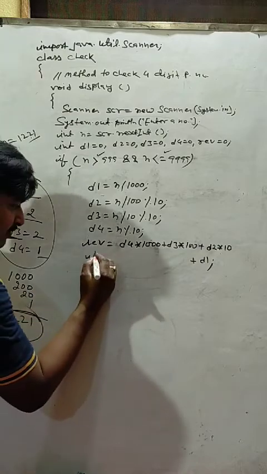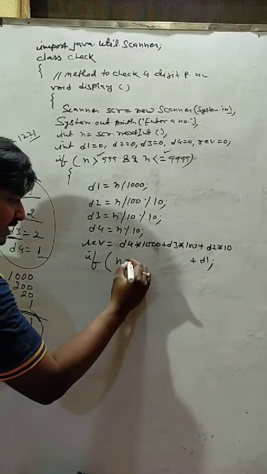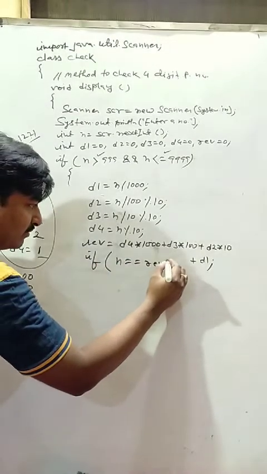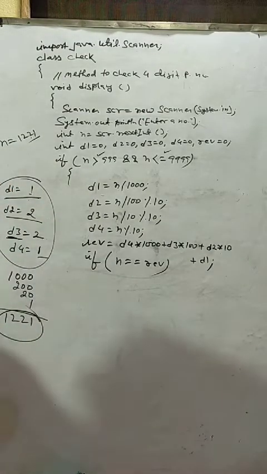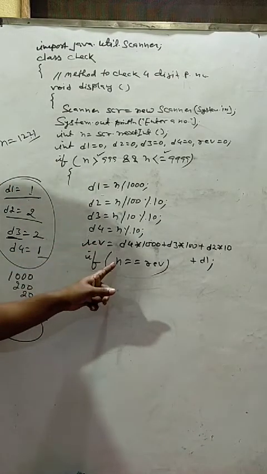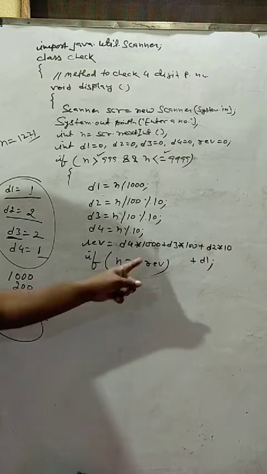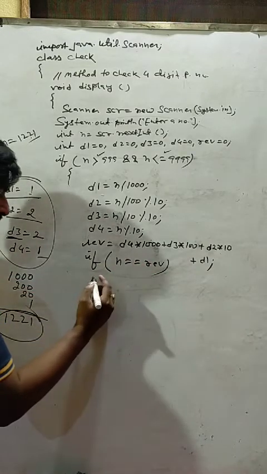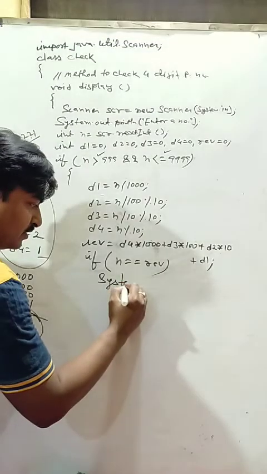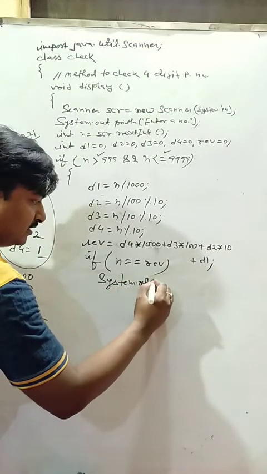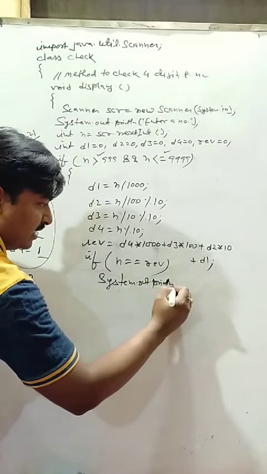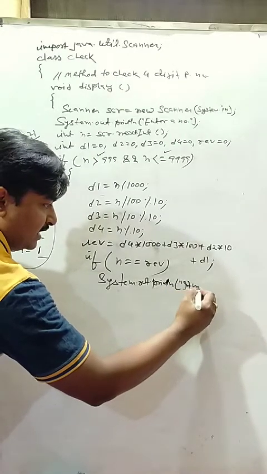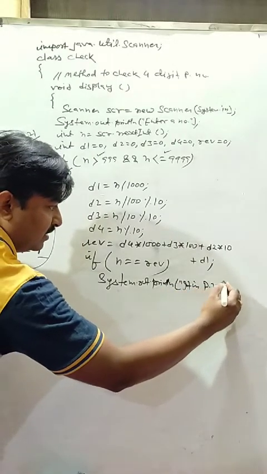Again we will check if n is equal to reverse. If a number n is equal to its reverse, if this condition becomes true, we will print: it is palindrome number.